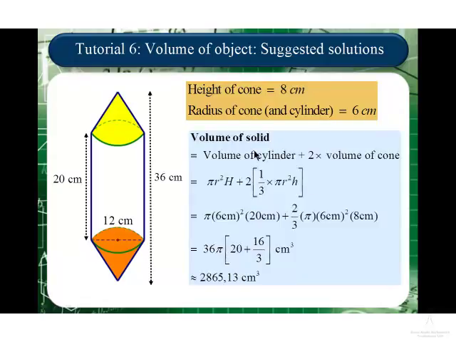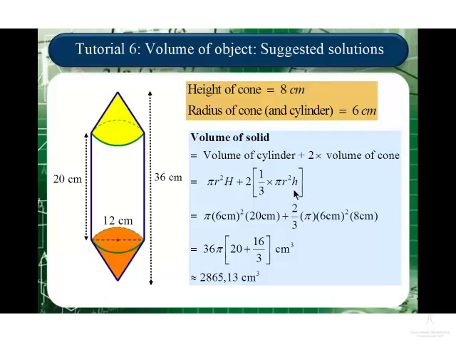We're ready now to find the volume of this composite solid as being the volume of the cylinder, and we have to add to that twice the volume of any one of the cones. So for the volume of the cylinder, clearly we need to find the area of the circular base times the height of the cylinder, plus twice the volume of the cone, being a third times the area of the circular base times the height of the cone.